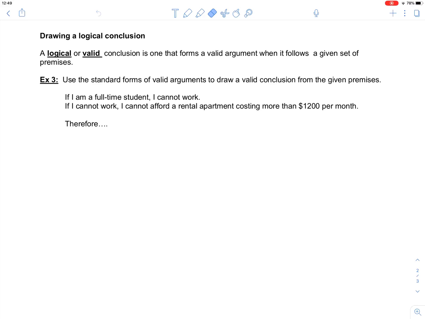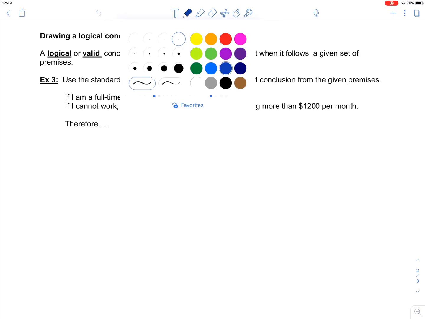Premise 1 is, if I am a full-time student, I cannot work. Premise 2 is, if I cannot work, I cannot afford a rental apartment costing more than $1,200 per month. We are asked to find a valid conclusion, what statement can follow from these premises.